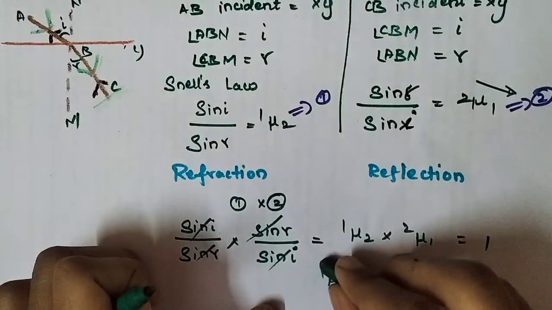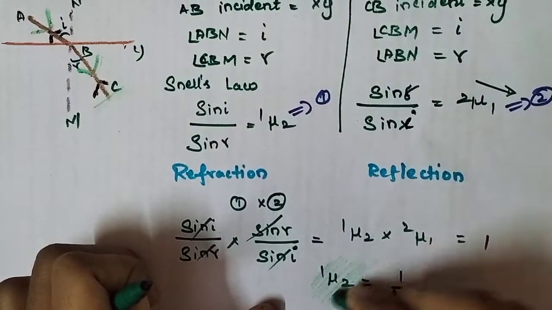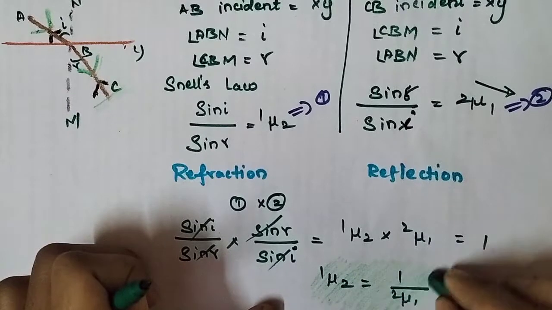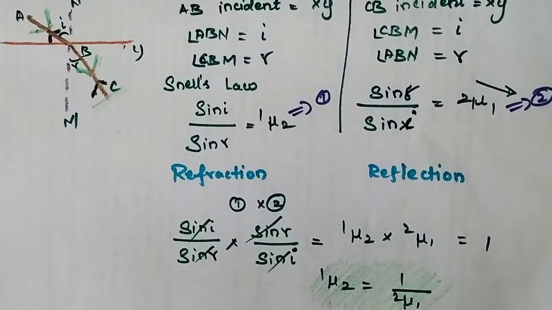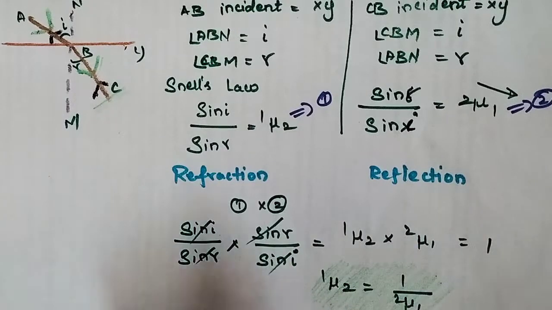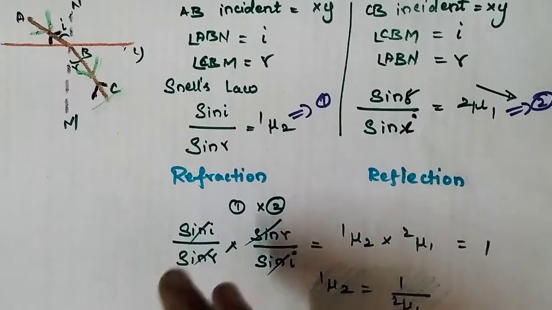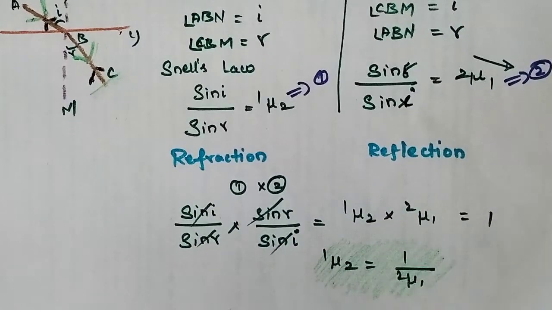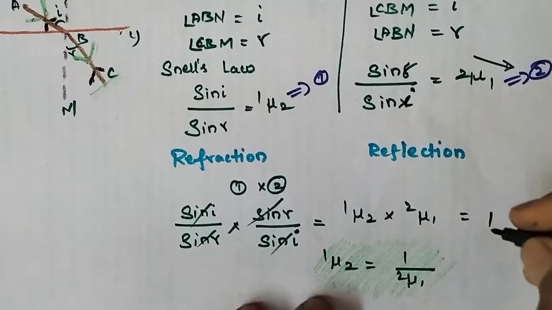So finally we got the solution. What we can say from here? The refractive index of medium 2 with respect to medium 1 is the reciprocal of the refractive index of medium 1 with respect to medium 2. This is what we proved here. Hence proved.